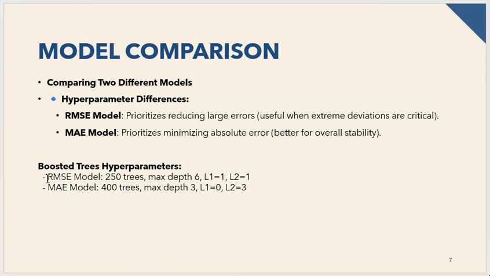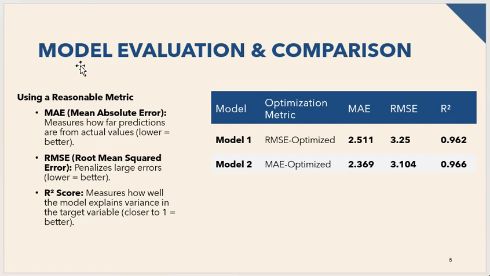In these cases, AutoML automatically selected and finalized the depth, the number of trees, and the lasso and ridge regularization based on the optimization for RMSE versus the MAE. These are the two comparison recordings for the two different optimizations that we have used. Model 1 was RMSE and model 2 is MAE.